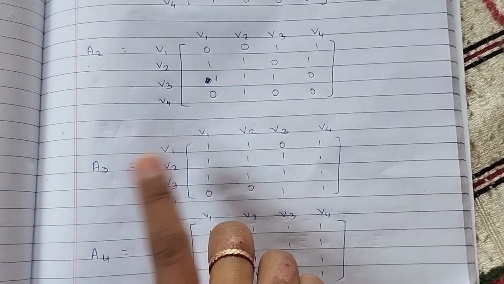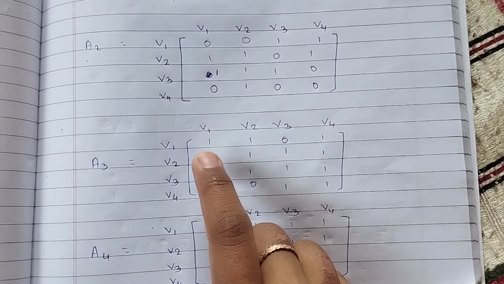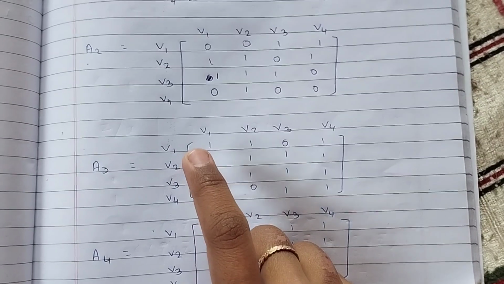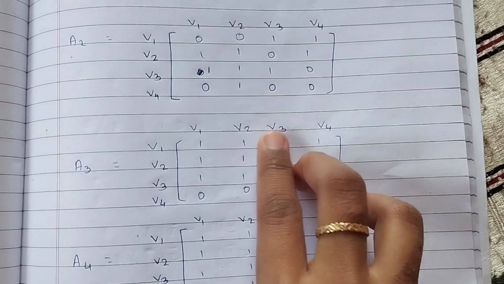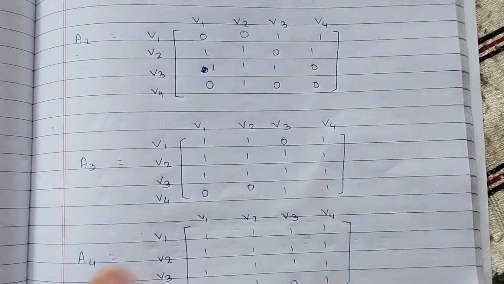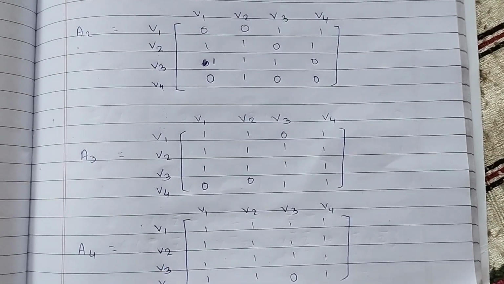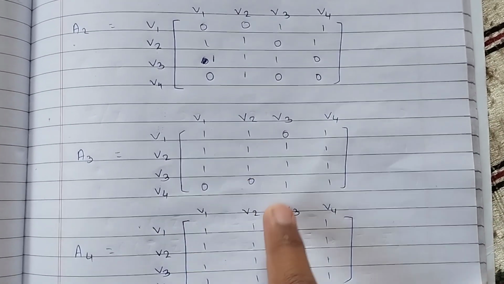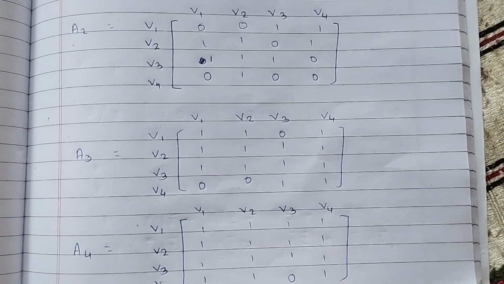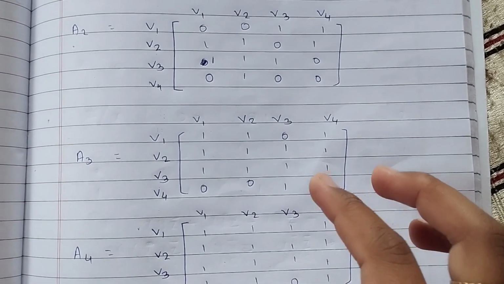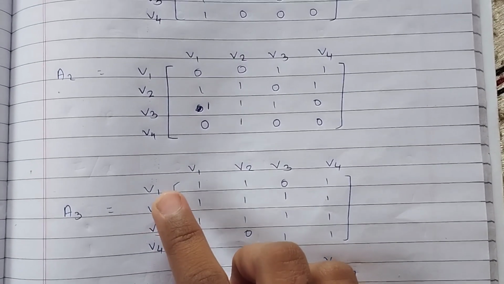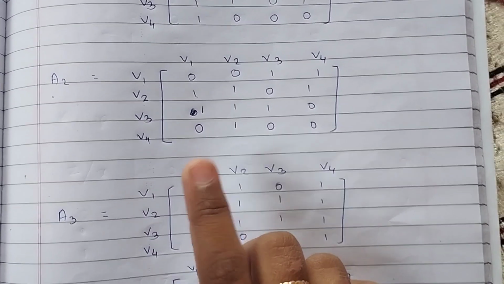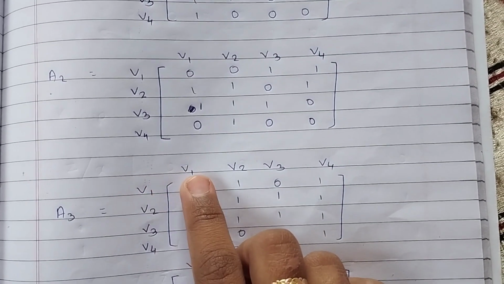For A3, to reach from source to destination we find the paths with 3 edges between source and destination. And for A4 we look for 4 edges between source and destination. Let's see one example for both A3 and A4. Reaching from V1 to V1, is there a path of 3 edges?